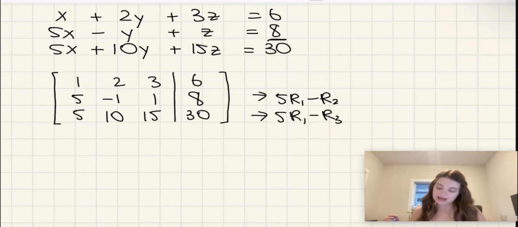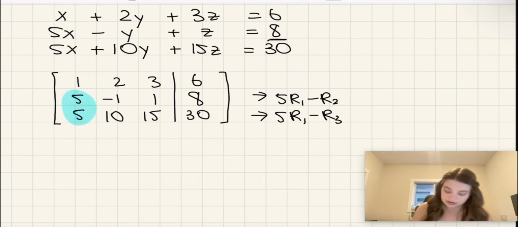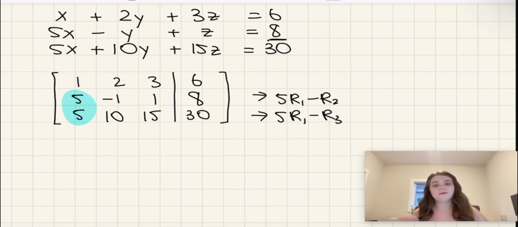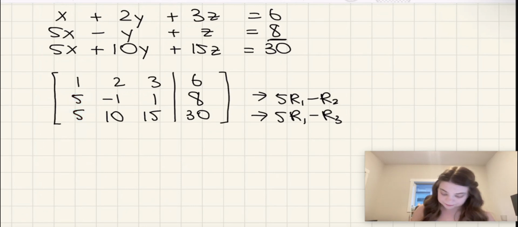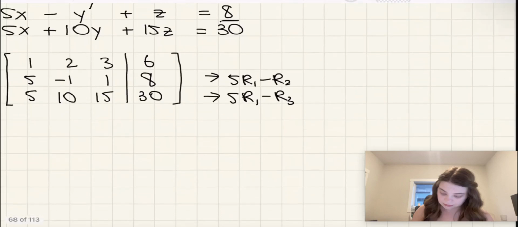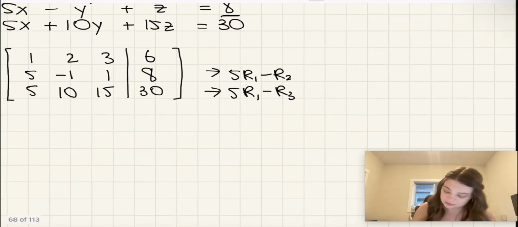Because notice that regardless of what we get for the other numbers, which we don't know yet, we are going to get zeros in both of these places because 5 times 1 is 5, minus 5 gives us 0. Okay, cool. So let's write our new rows down.